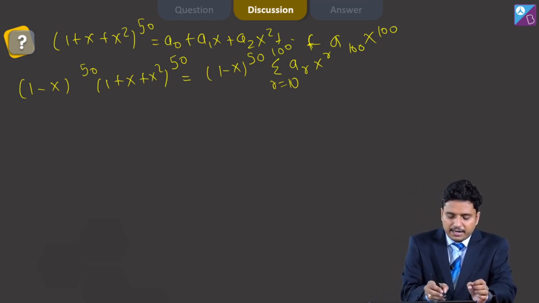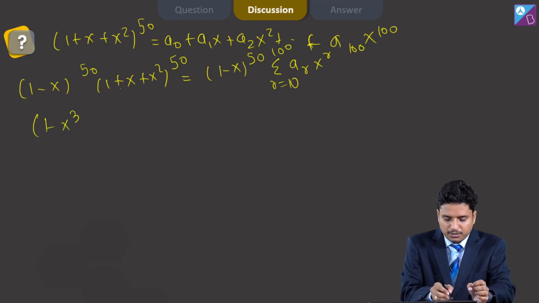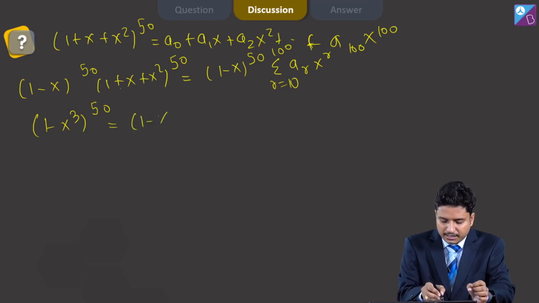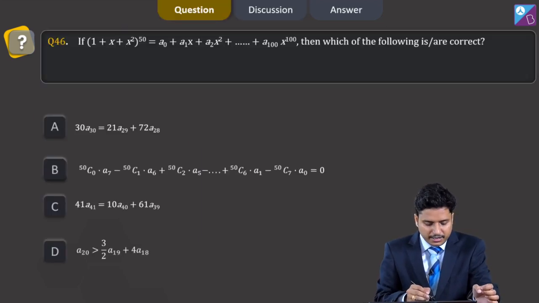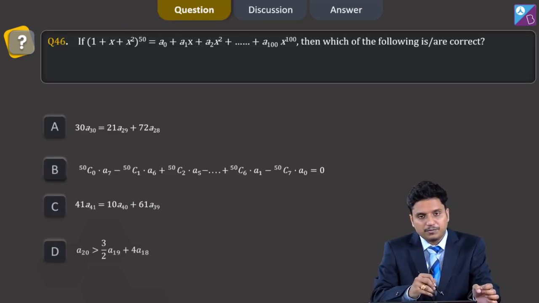So the left hand side gets converted into (1 minus x cube) raised to power 50, and in the right hand side we have (1 minus x) raised to power 50 into summation over ar x raised to power r. Again r is varying from 0 to 100. So what can you say first of all about option B?